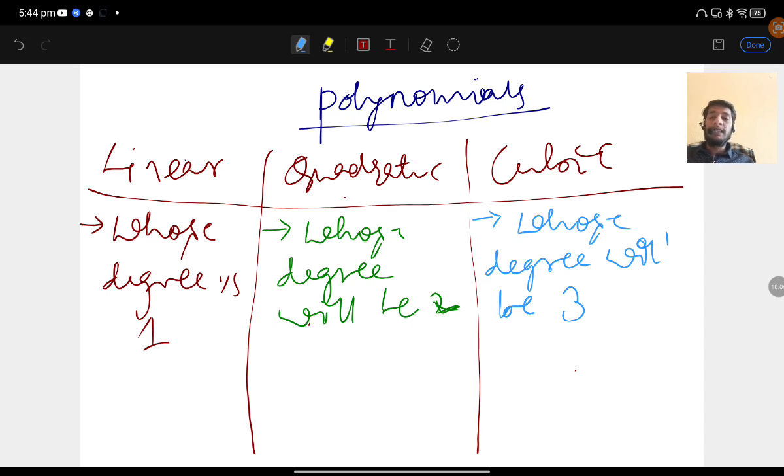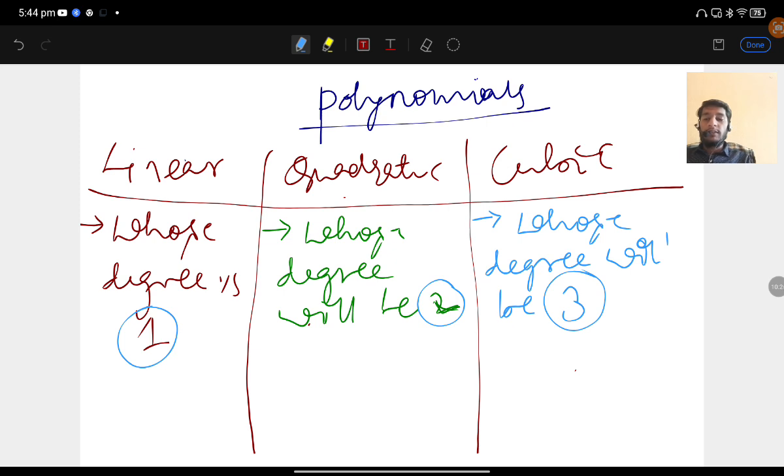Linear polynomial is a type of polynomial whose degree is 1. Quadratic polynomial is a type of polynomial whose degree is 2. Cubic polynomial is one whose degree is 3.